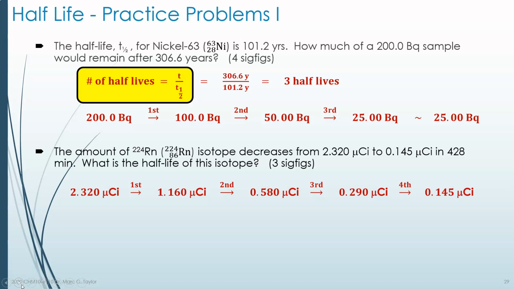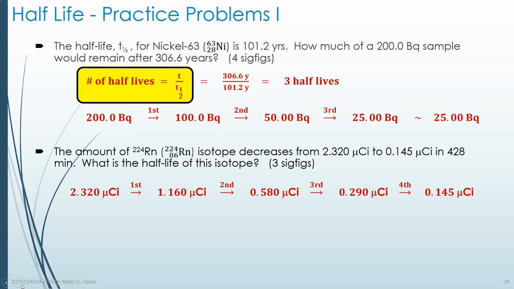That's not enough, 1.160. I cut it in half again, 0.580, still not enough. Cut it in half a third time, 0.290. I'm getting close, but not there. Divide it one more time, and voila, I have 0.145 microcuries after I've cut it in half 4 times.